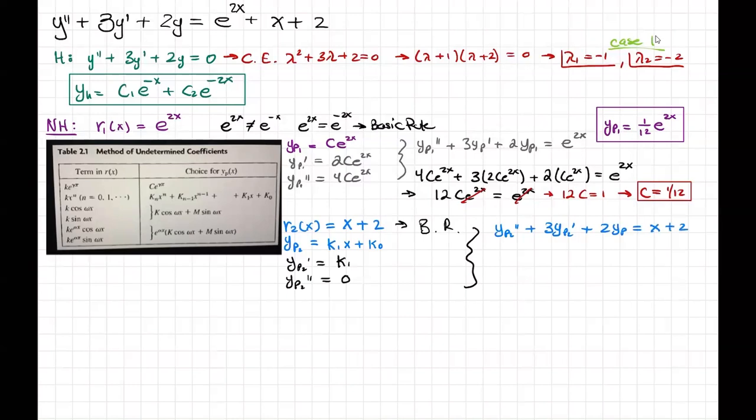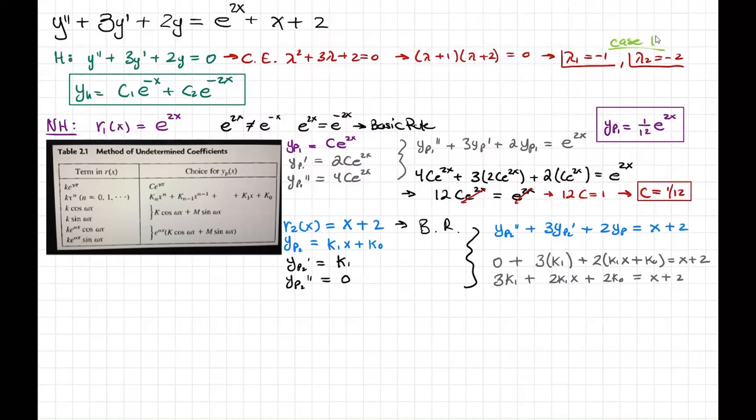So putting everything together here, we are going to have 0 plus 3 times k1 plus 2 times k1x plus k0 equals x plus 2. So solving from here, we can simplify and we get 3k1 plus 2k1x plus 2k0 equals x plus 2.